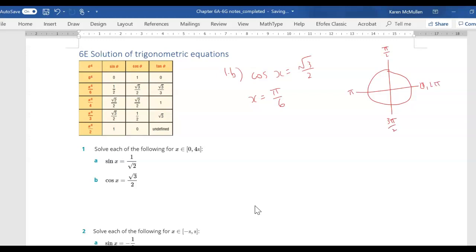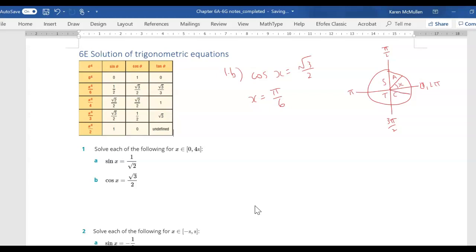And then we're going around the circle again. So our first solution is in the first quadrant, so cos is positive there, and so all s, t, c, so all sine, tan, cos. So cos isn't positive again until the 4th quadrant.